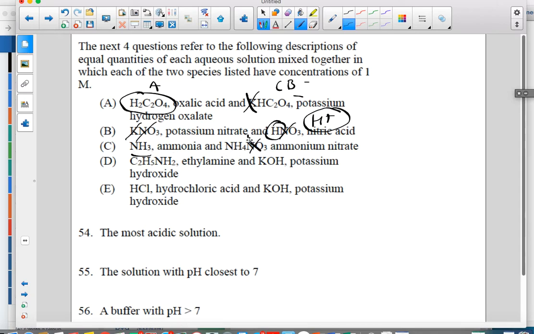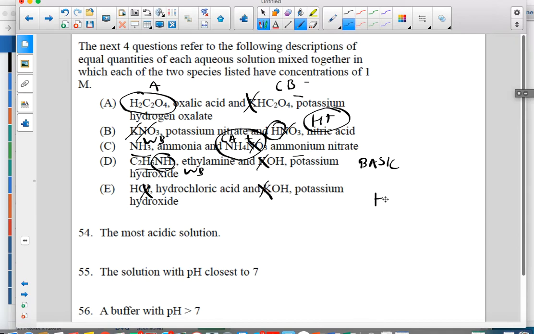NH3, heartbreaker. Okay, I have a weak base, and I have a conjugate acid, a positive ion. If we look here, I have a weak base, because of the NH group at the end, and I have OH. So this is going to be a really basic solution. And then I have H plus, OH minus.